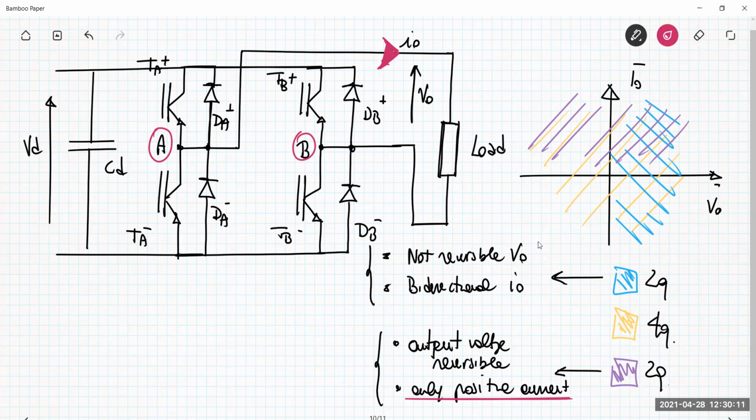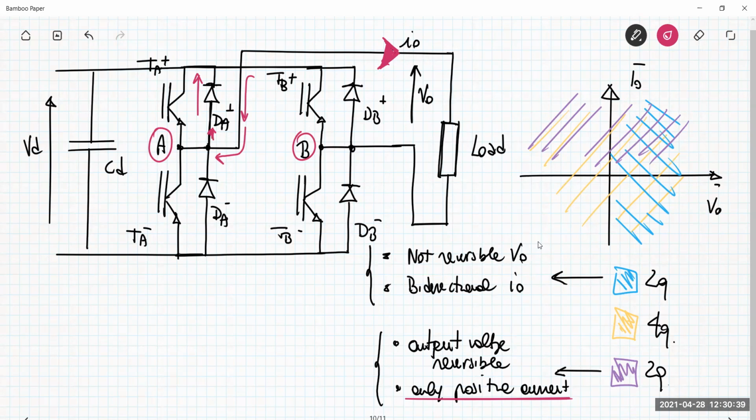What happens to the DA plus? DA plus is a diode that can conduct a current from the anode to the cathode. But when this happens, the current no longer has this direction. Only a negative current can be conducted through the diode DA plus. A current flowing in this direction can be supported by this diode, so it is a negative current.